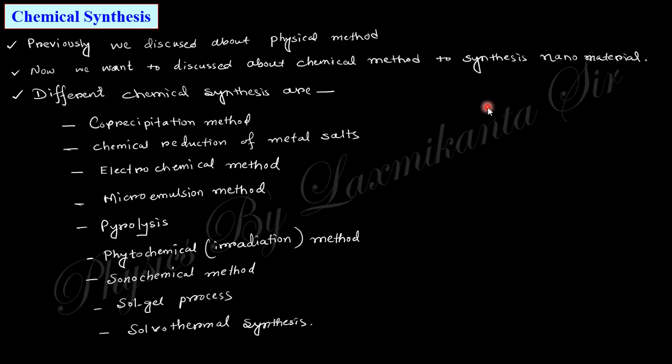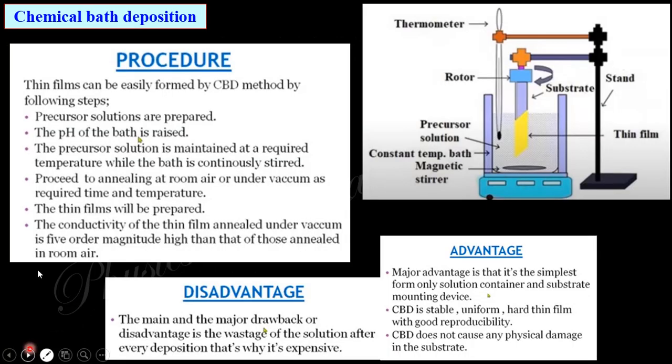The different types of chemical synthesis are: coprecipitation method, chemical reduction, electrochemical, microwave, pyrolysis, photochemical, sonochemical, sol-gel, and solvothermal. So these are the processes of chemical synthesis.